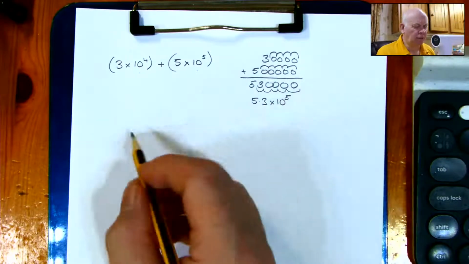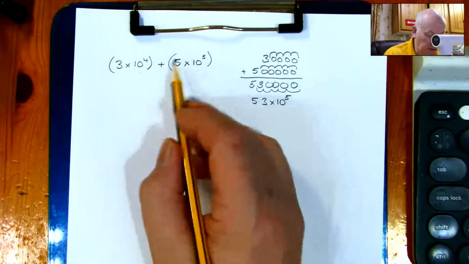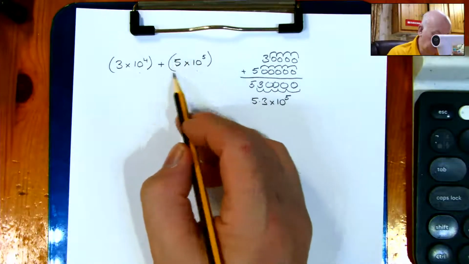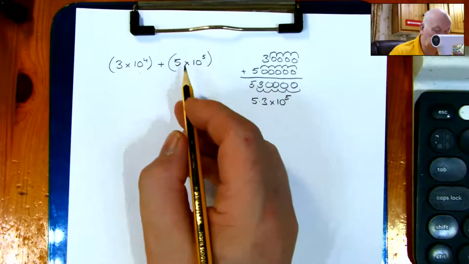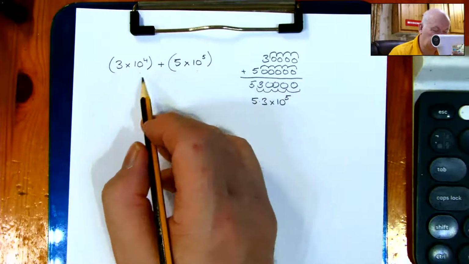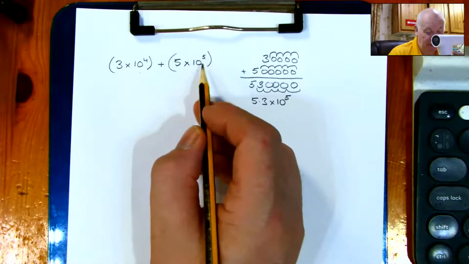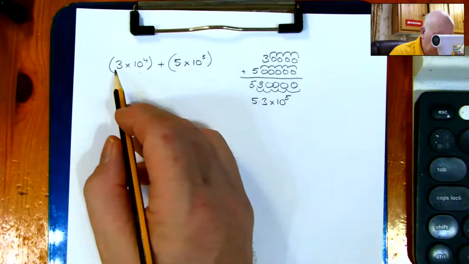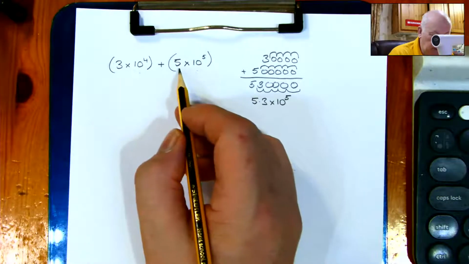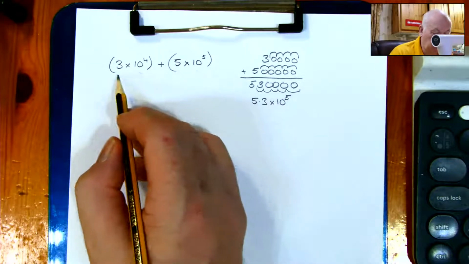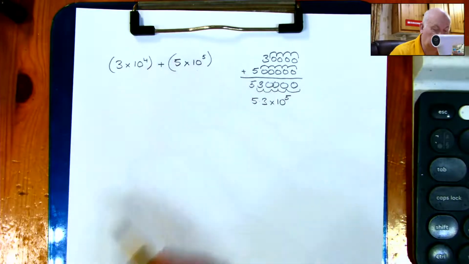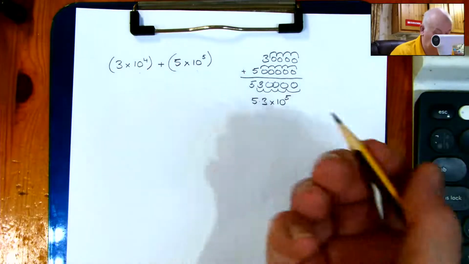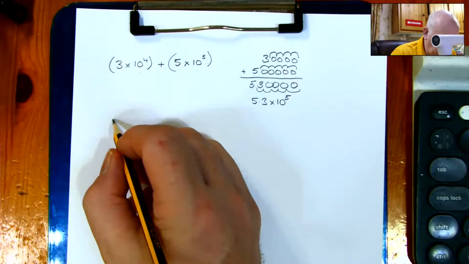Now that's not really surprising when we have a look at what the numbers are when we try to multiply these together, or add them in this case. So we look at the largest number, we look at the smallest number, and we see what we can do with these. Let's make up one more sum.